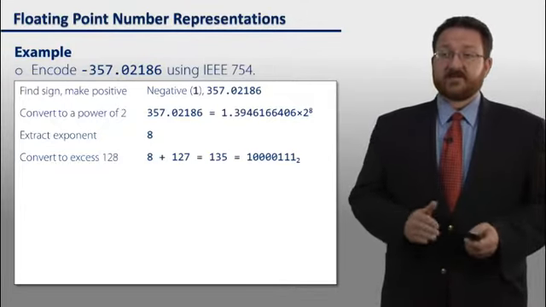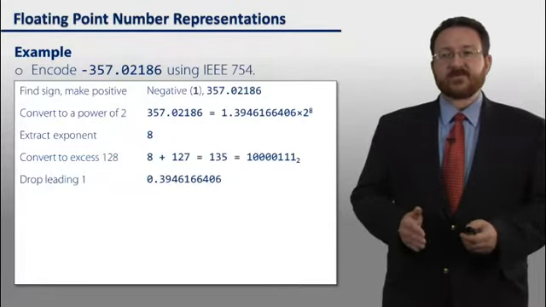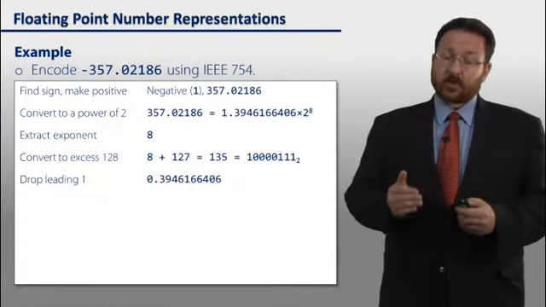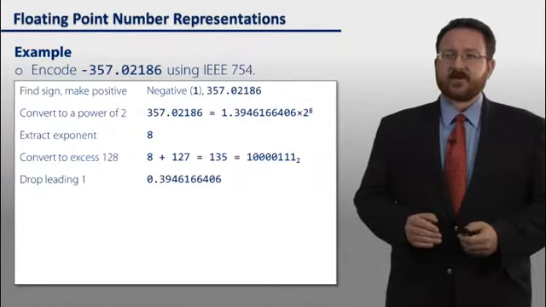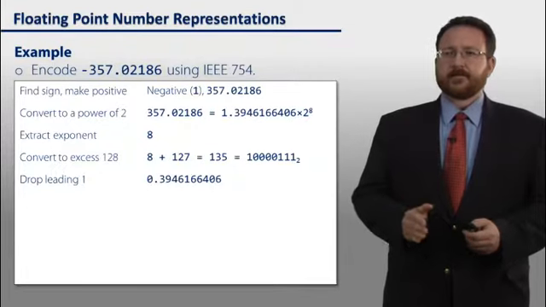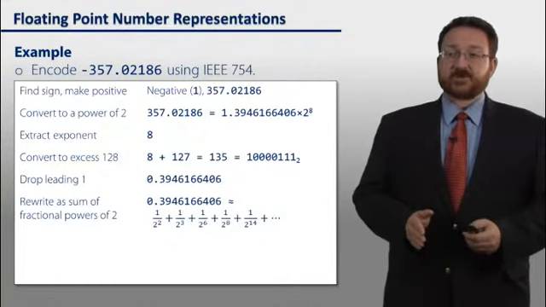What's left is to convert the mantissa. So we drop the leading 1 and we want to represent this fractional part. The reason we drop the leading 1 is because there will always be a leading 1 and there's no reason to encode it. So we have to encode 0.3946166. So we rewrite this as the sum of fractional powers of 2.